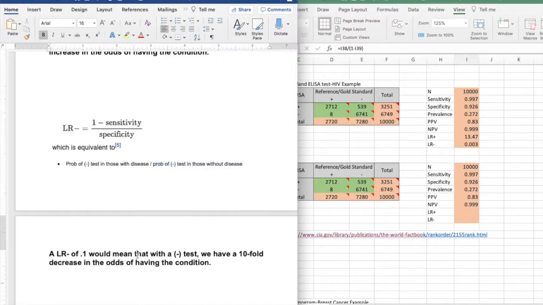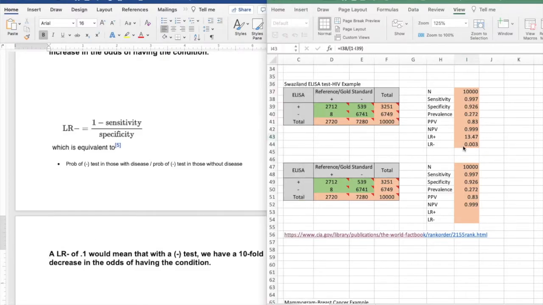So a negative likelihood ratio of 0.1, for example, would mean that with a negative test, we have a 10-fold decrease in the odds of having the condition. So if any test had a negative likelihood ratio of 0.1, that would significantly decrease the odds of somebody having the disease if they tested negative.